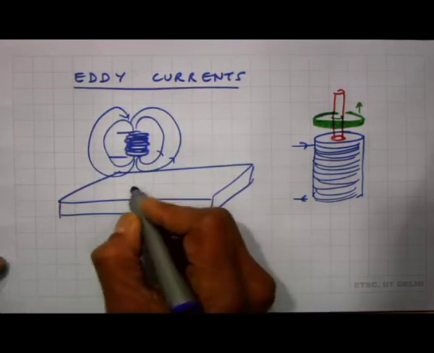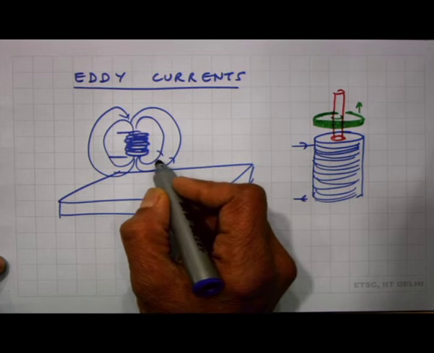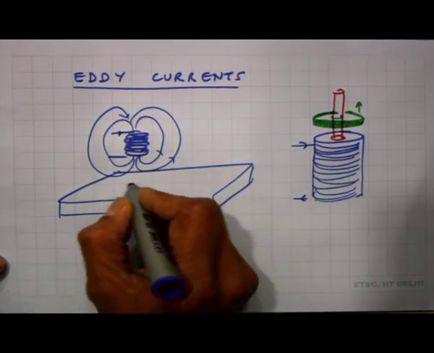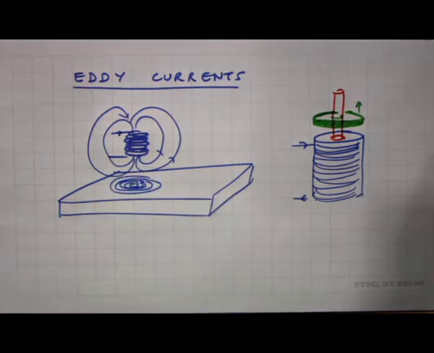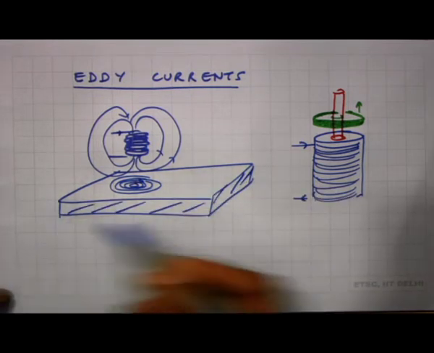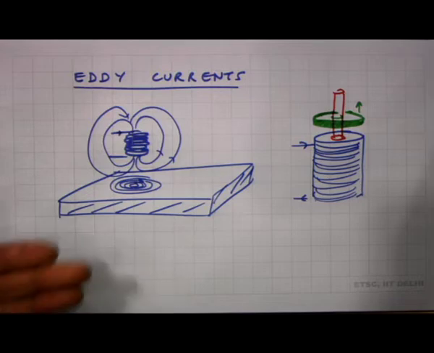As I bring the solenoid closer and closer, and change the magnetic field of the solenoid by changing the current passing through it, I will generate eddy currents in the volume of the conductor. They will circulate like this, because the changing magnetic field generates electric fields, and those electric fields then drive the electrons within this conductor, leading to eddy currents.